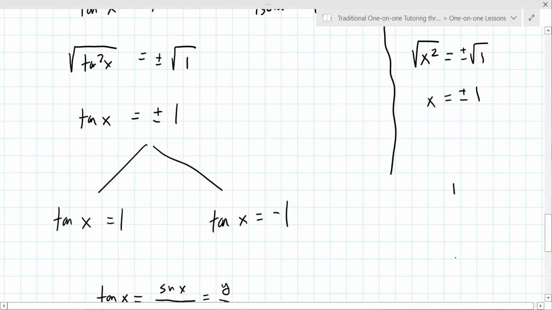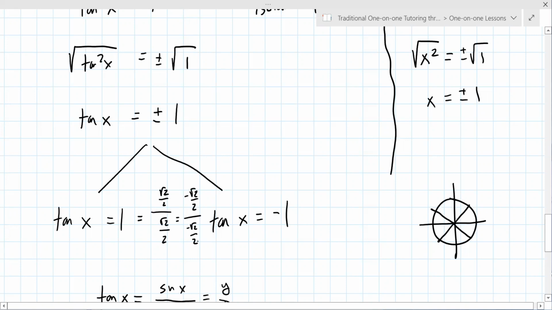Now, while you may know that that's here on the unit circle, what you also have to be able to tell me is that it's really root 2 over 2 over root 2 over 2, because you just told me that this reduces to 1, where they're the same. But it's also where it's minus root 2 over 2 over minus root 2 over 2.